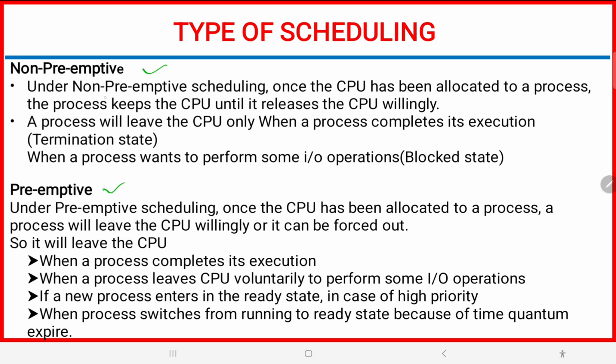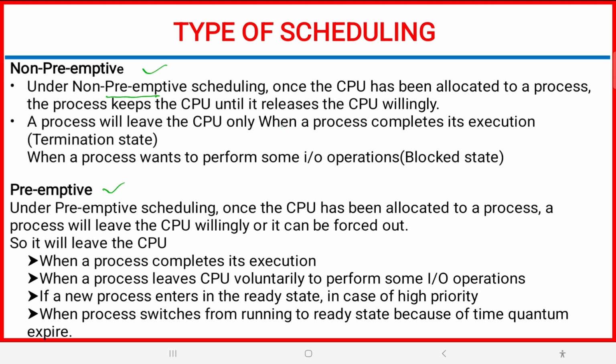Now as far as non-preemptive scheduling is concerned, once a process is allocated the CPU and that process is executing, the process keeps the CPU until its entire CPU burst time has elapsed. I mean to say here that whatever burst time that process was having, the process will continue executing with the CPU for the entire period of time, and any other process cannot forcefully get back the access of CPU from that executing process.